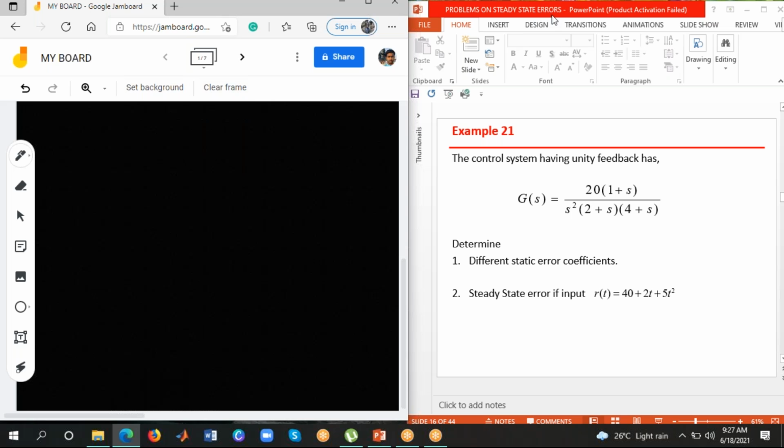Find the steady state error coefficient for this problem. KP, KV and KA value.